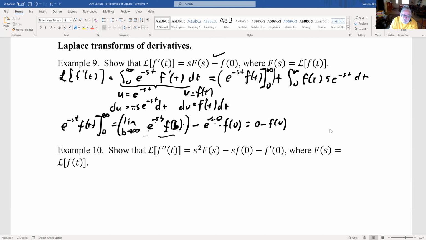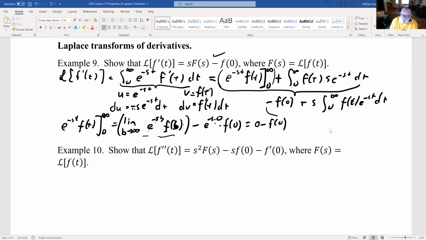Great. So all of this then becomes minus f of 0 plus s times the integral from 0 to infinity of f of t e to the minus st dt.